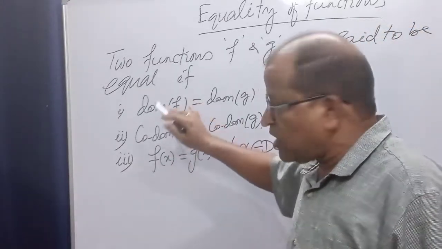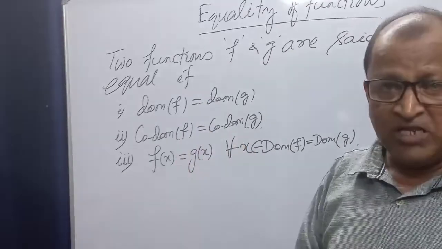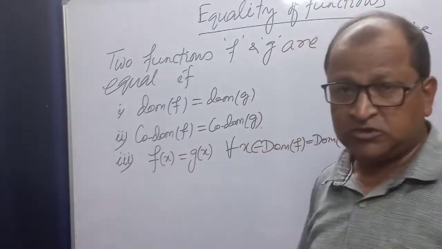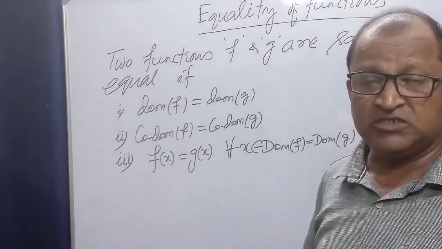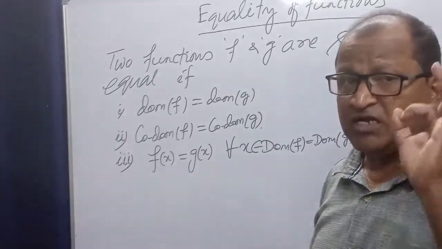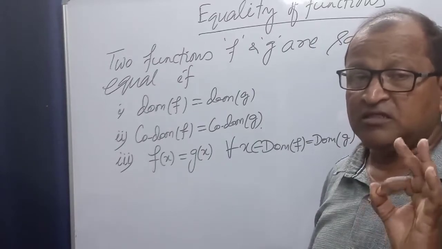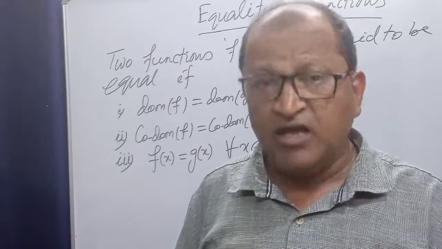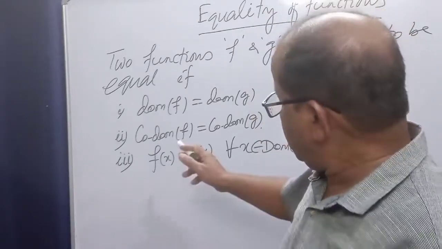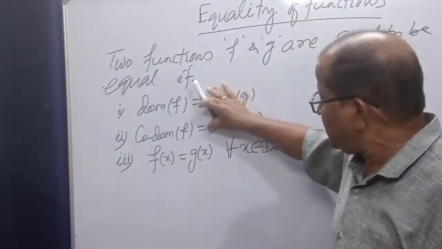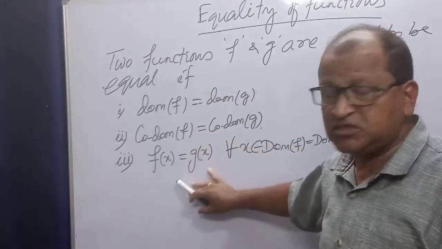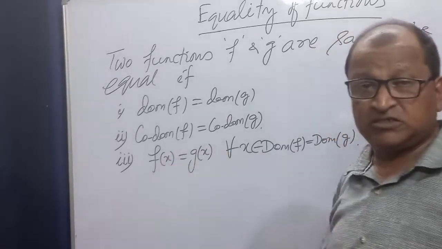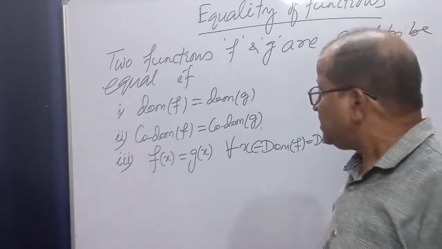If domains are the same and codomains are the same, but their expressions are different, suppose f(x) is not equal to g(x) for at least one x, then the functions will not be equal. Functions are equal only if they satisfy all these three conditions: for all x belonging to their domain, f(x) should be equal to g(x). Right? So let us see some examples.